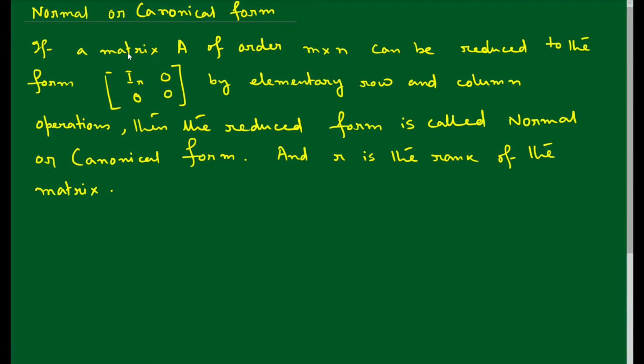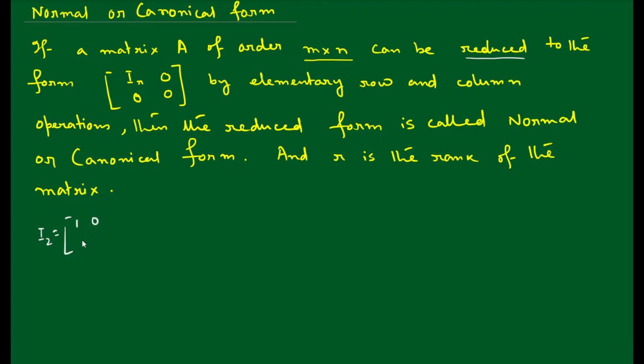Now if a matrix capital A of order m cross n, it may be of any order m cross n, can be reduced to the form, observe this particular form very carefully. Here you see I_r, I suffix r, so what is this? Identity matrix. Now what is I2? I2 means 1 0 0 1.